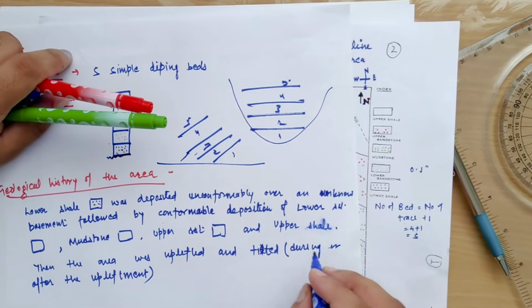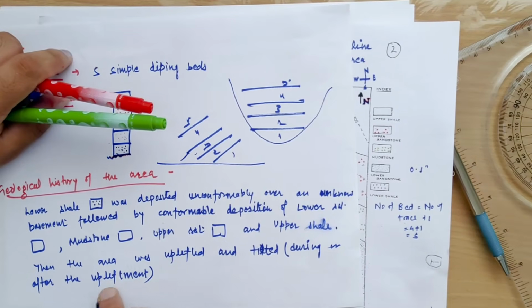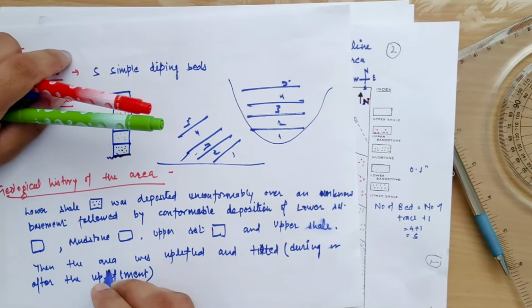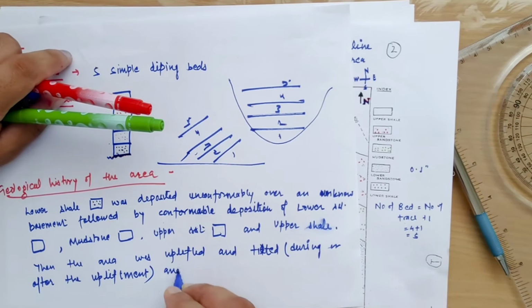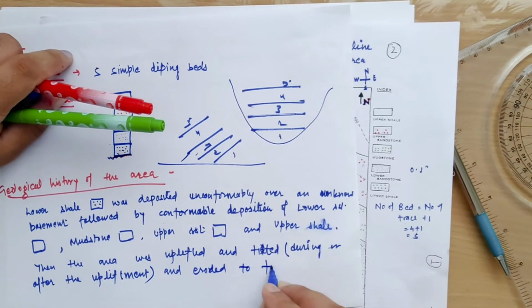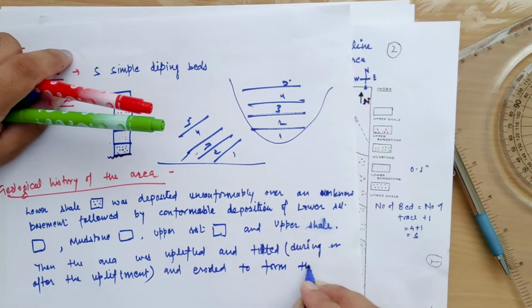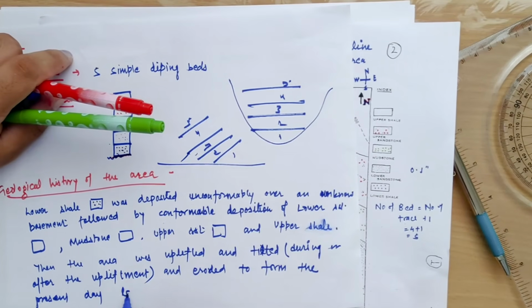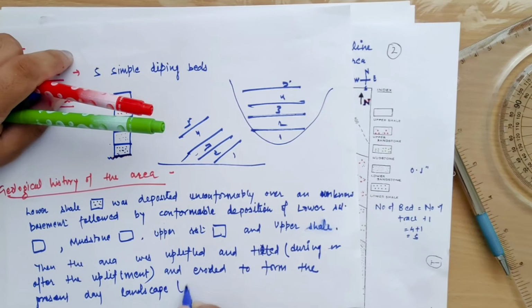When the area was uplifted and tilted, it was eroded to form the present day landscape or topography.